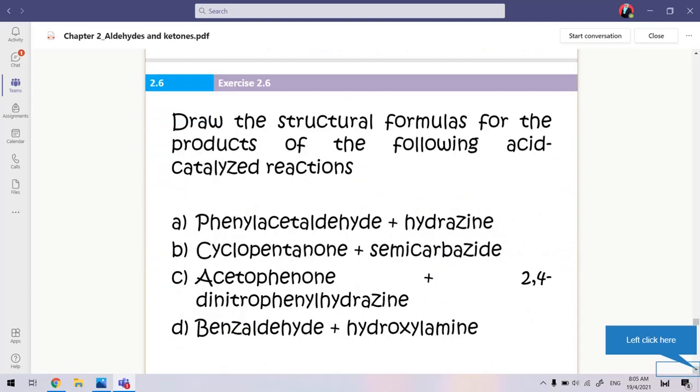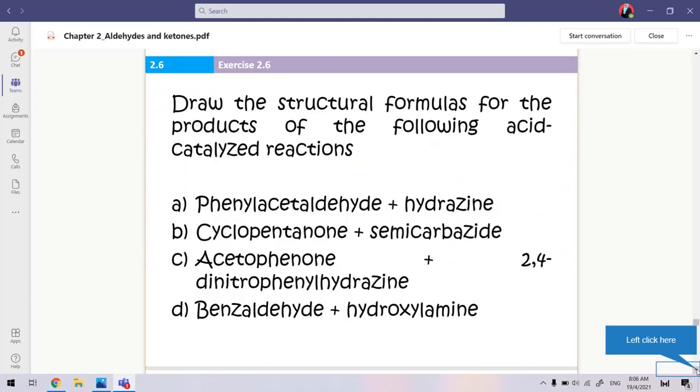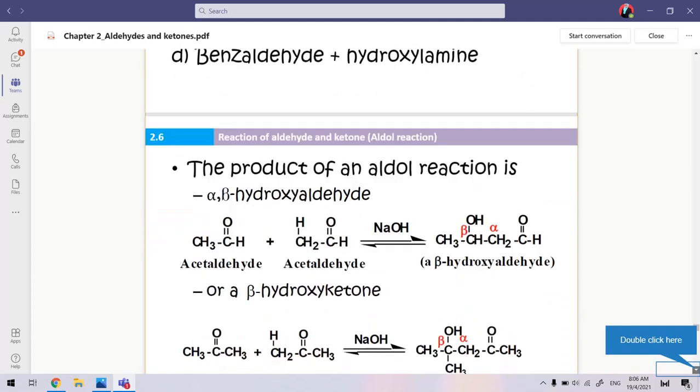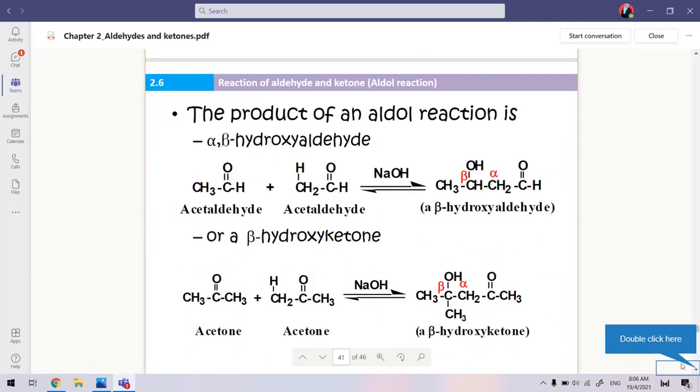Okay, after that, please do the question: draw the structural formula for the product of the following acid catalyzed reaction. And the reaction of aldehyde and ketone we call the aldol reaction.